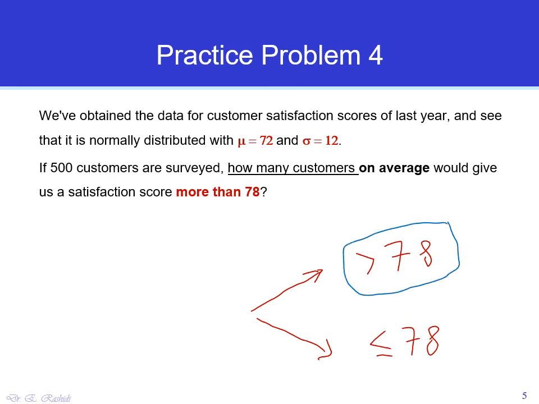So I'm going to call that one a success, and the next one would be called the failure. We have 500 customers, and for each customer there are only these two possibilities, a success or a failure. This looks like we are repeating this story of success and failure 500 times.